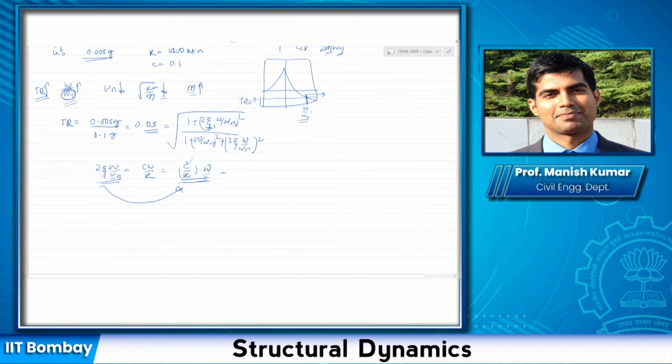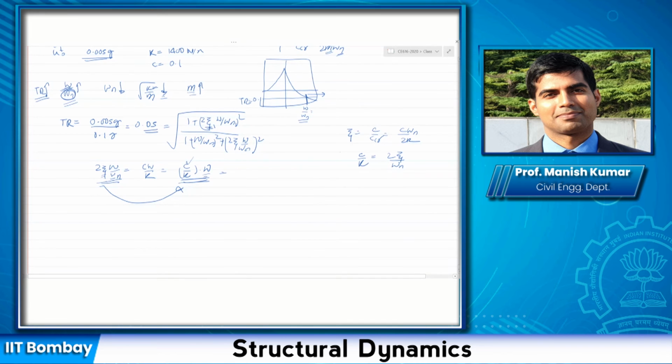Initially, remember zeta was c by c critical, which can also be written as c omega n by 2k. So c by k is 2 zeta by omega n.